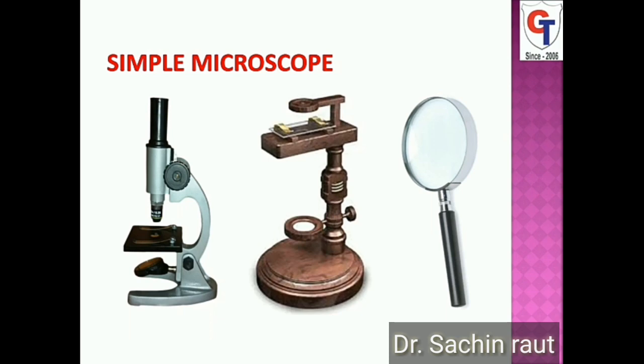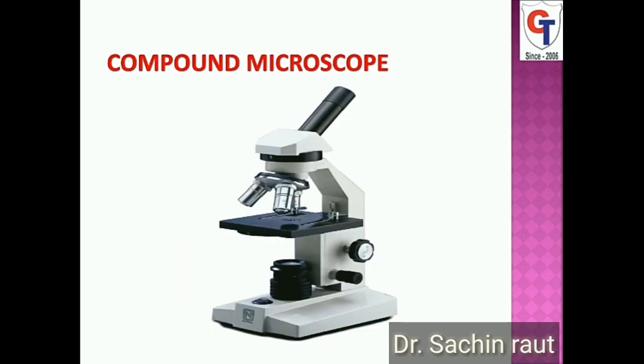So on the basis of the source of this energy and focal length, microscopes are of different types. So you can observe here the compound microscope. In this compound microscope, light is used for magnifying the image. So these are called light microscopes.